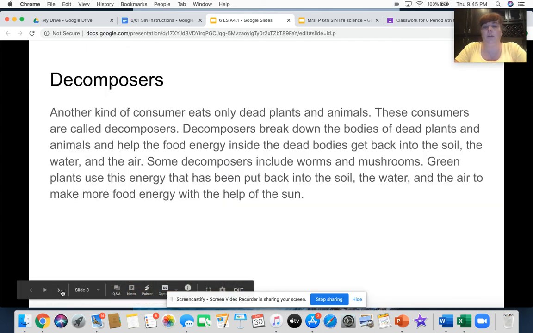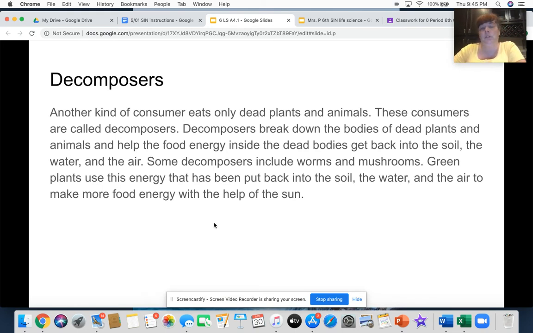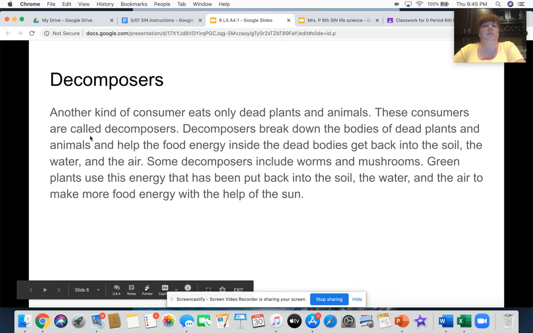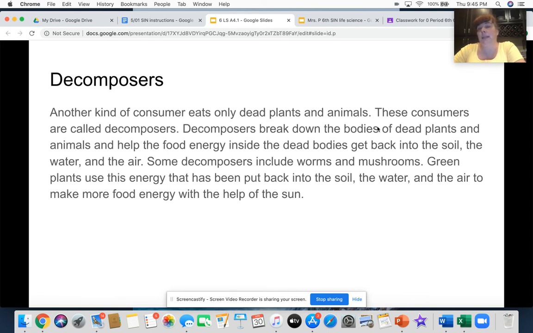Okay, our other one we're going to do, this is the last one, is a decomposer. Another kind of consumer eats only dead plants and animals. So these consumers are called decomposers. Decomposers break down the bodies of dead plants and animals and help the food energy inside those dead bodies get back into the soil, the water, and the air.